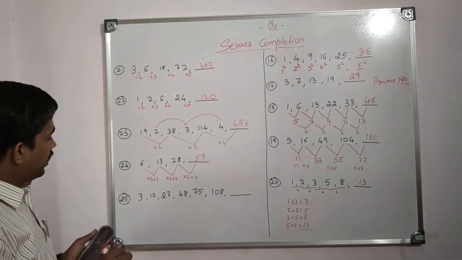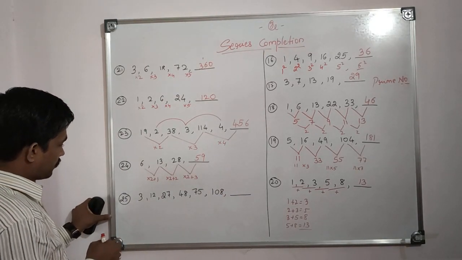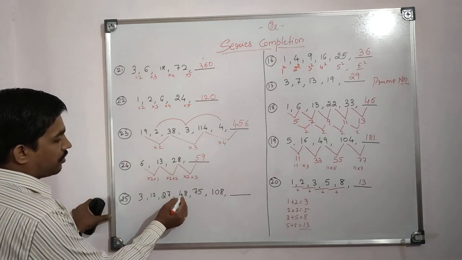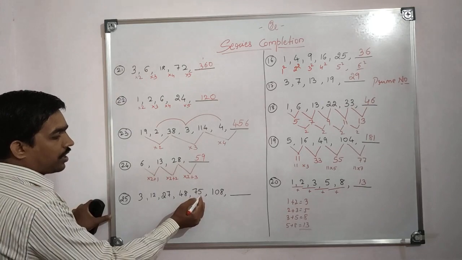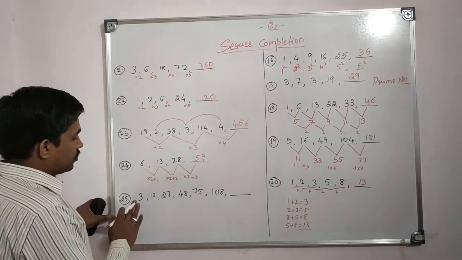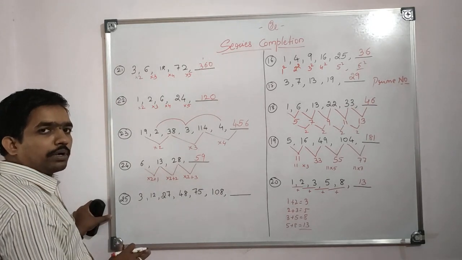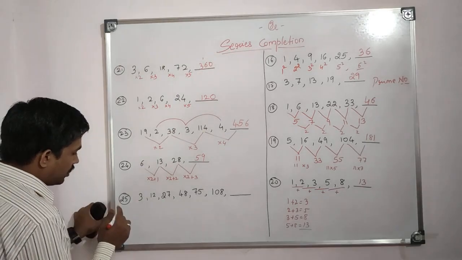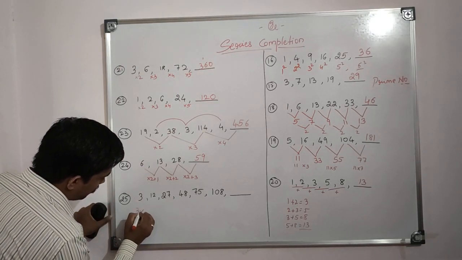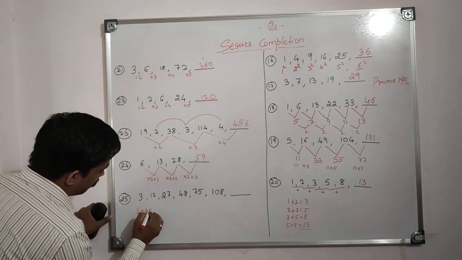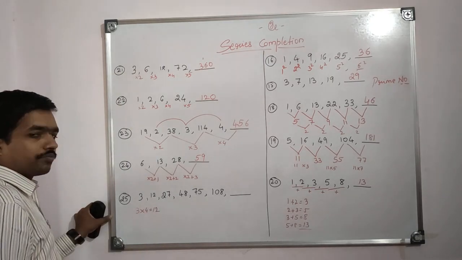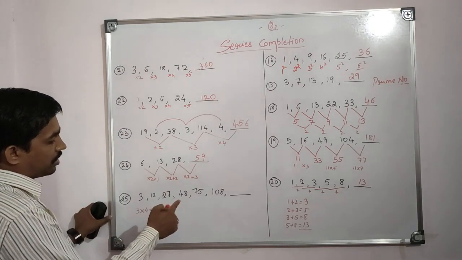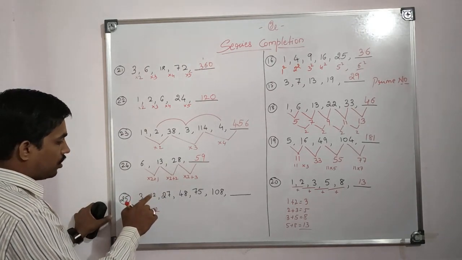And then the next question: 3, 12, 20, 27, 48, 75, 108. This question is also based on multiplication, but it is slightly different. See here children, 3 into 4 is 12. If we multiply this 12 by some other number, we will not get 27.